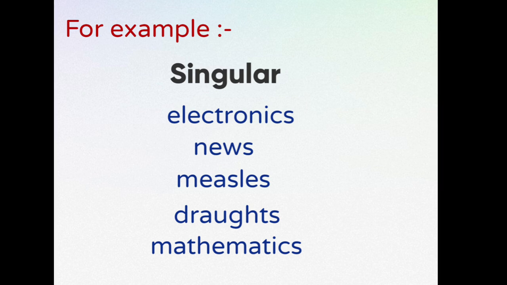You can see electronics is a singular form, but it is written as plural. S is added. Similarly, news is singular but is written as plural. Similarly, measles, diabetes, mathematics, they are singular but are written as plural.